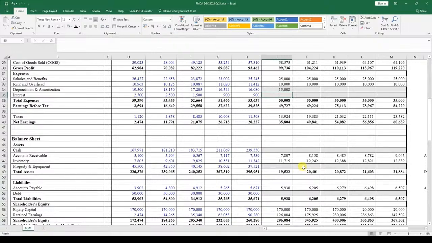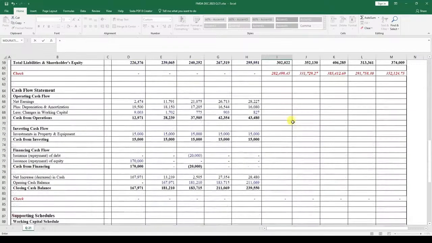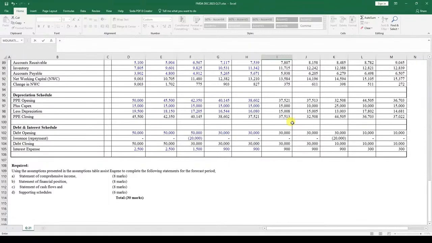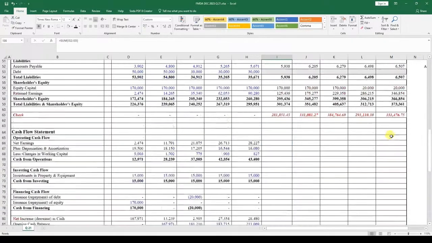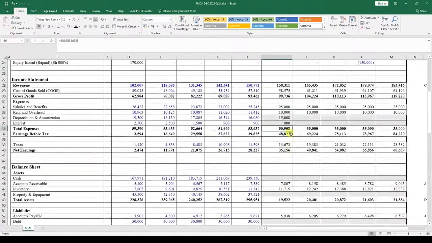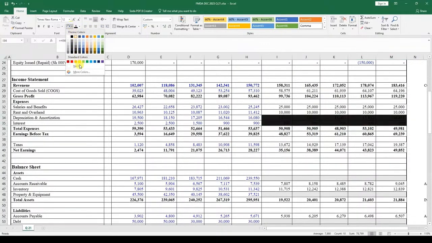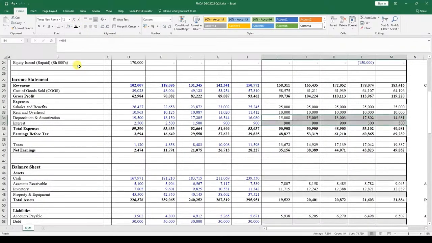The interest expense right here is linked to the supporting schedule here, enter. Then we can just drag it towards the right there. And in a good accountant or analyst format, we just make sure that this part is the same color because we've already filled out the missing items and our income statement is complete.